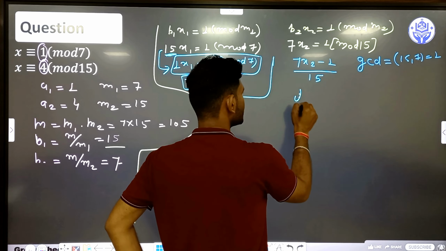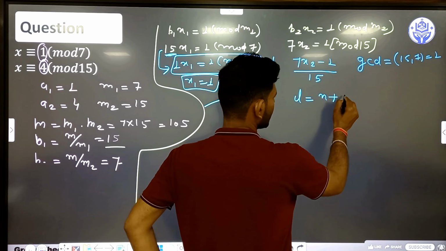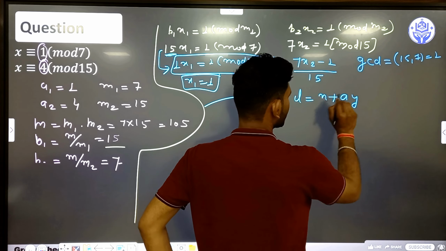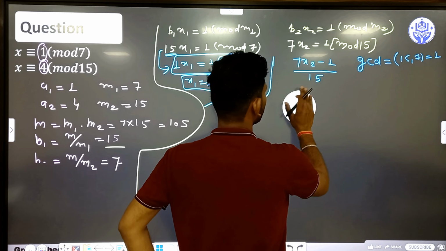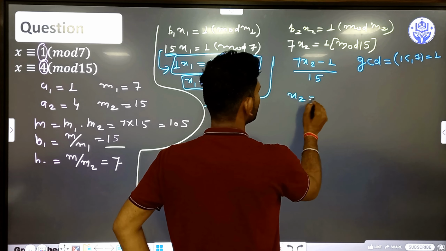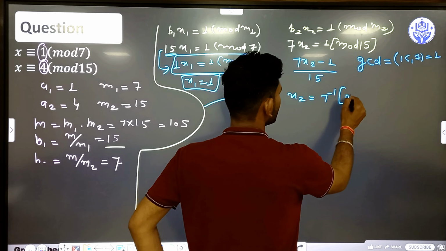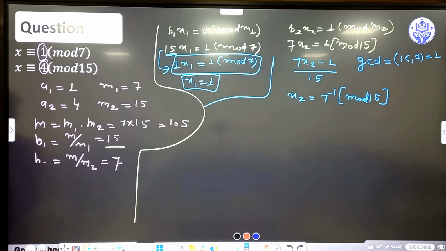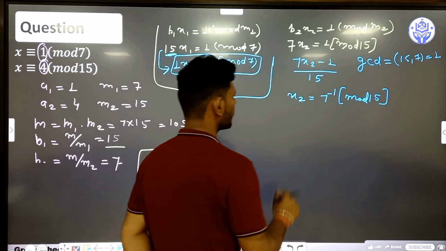GCD is 1. It means my target is x2 = 7 inverse mod 15. Now I have to find 7 inverse, and I can easily find it from here.